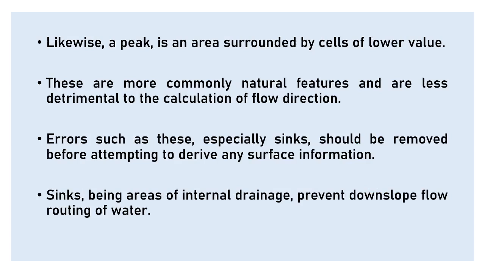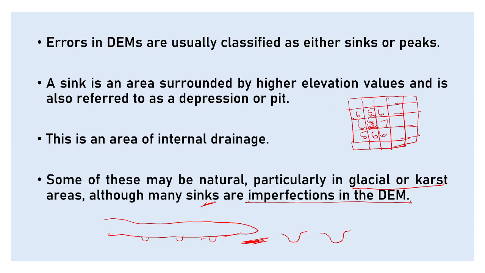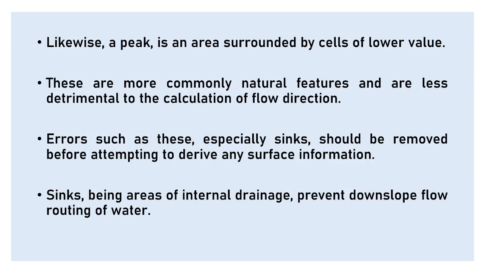Similarly, as I said, errors in DEMs are usually classified as sinks or peaks. We discussed sinks; now we are talking about peaks. A peak is an area which is surrounded by cells of lower value. As I drew earlier, let's say we have a grid again.